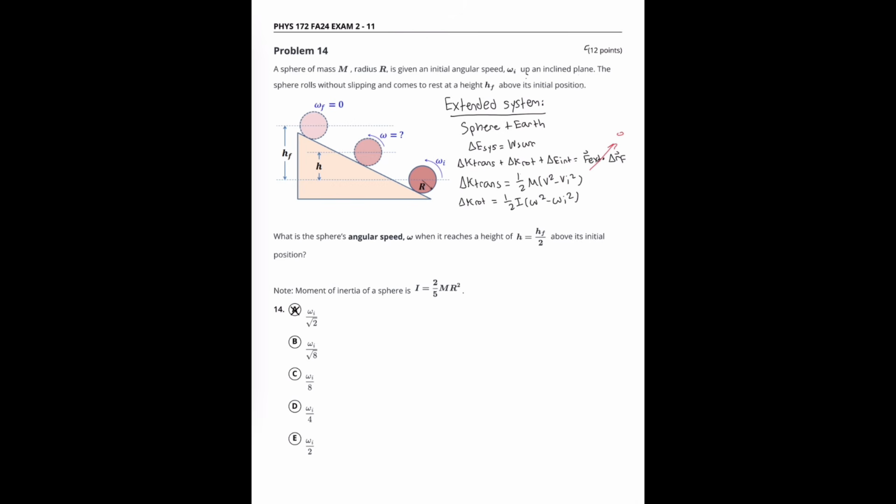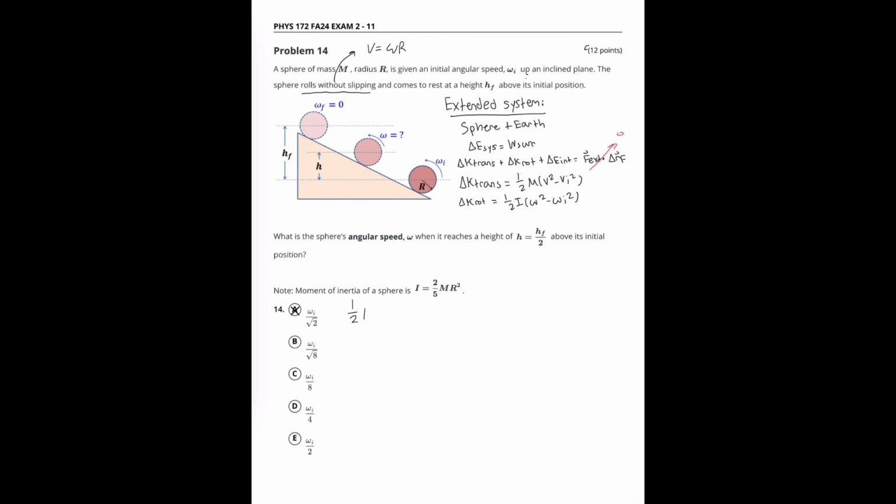Because we're also rolling without slipping, that implies that velocity is equal to omega r, the angular speed times the radius. So using that, we can rewrite our expression based on these given facts.